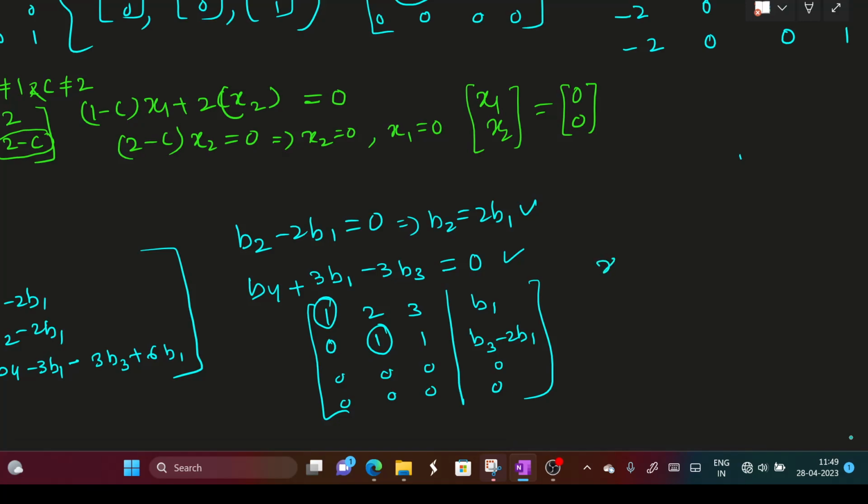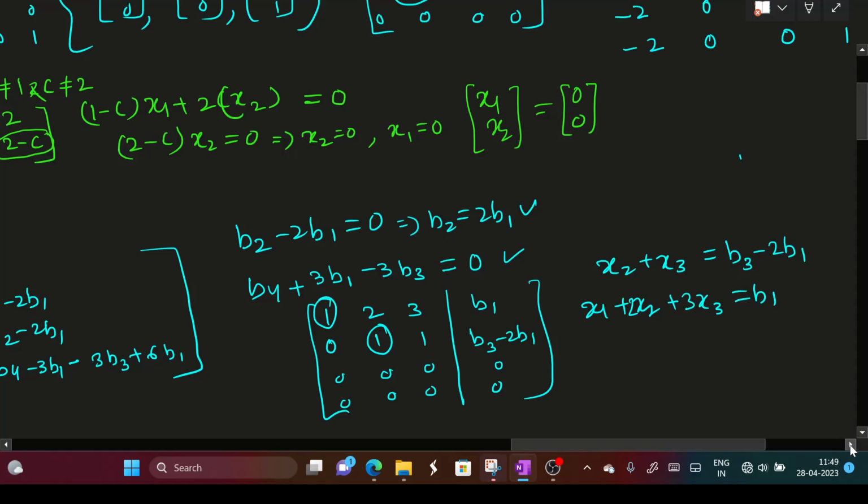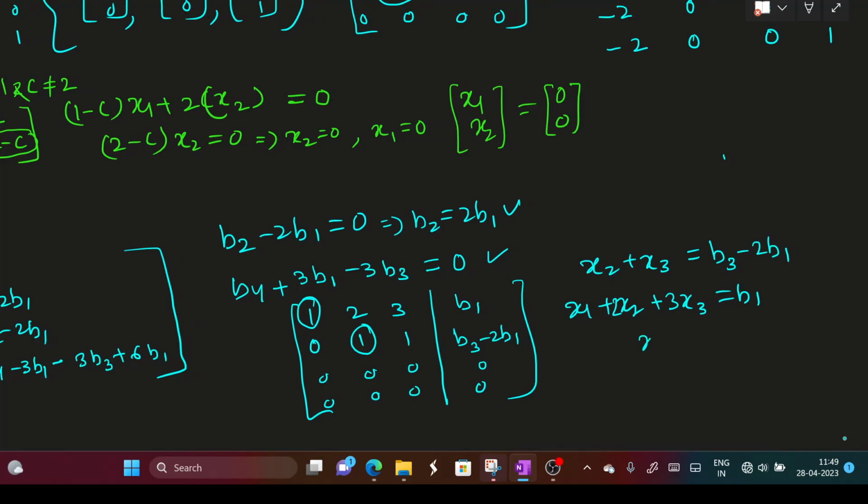Relations are x2 plus x3 is equal to b3 minus 2b1 and x1 plus 2x2 plus 3x3 is equal to b1. These are the equations with us.